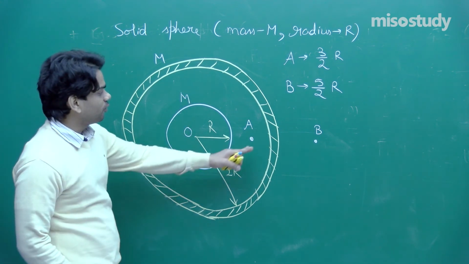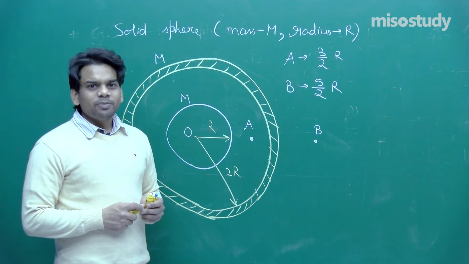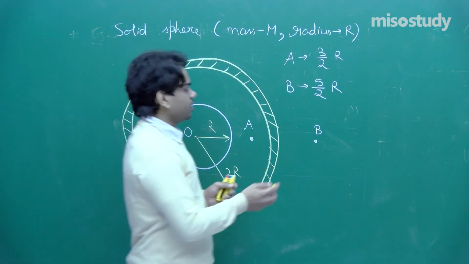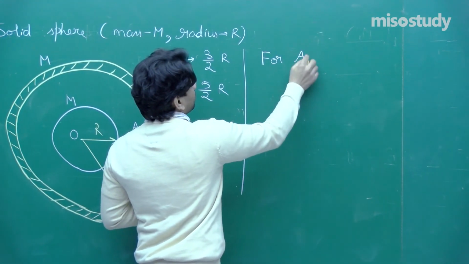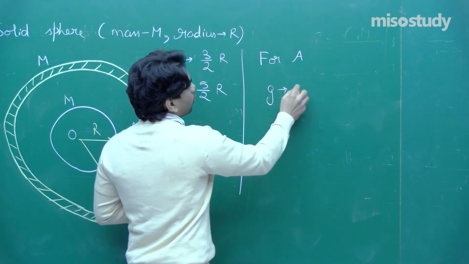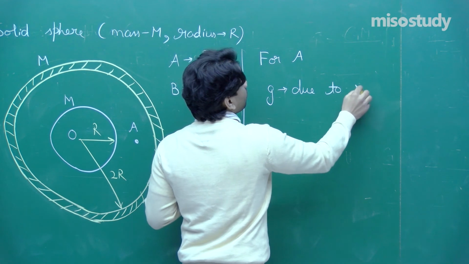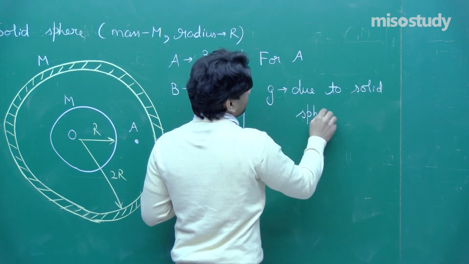Now, what is the value of field at point A? The value of field at points A and B will be due to the contribution of both objects. For point A, the value of field will be due to the solid sphere only, because we know the value of field due to a hollow sphere is 0 inside the sphere.